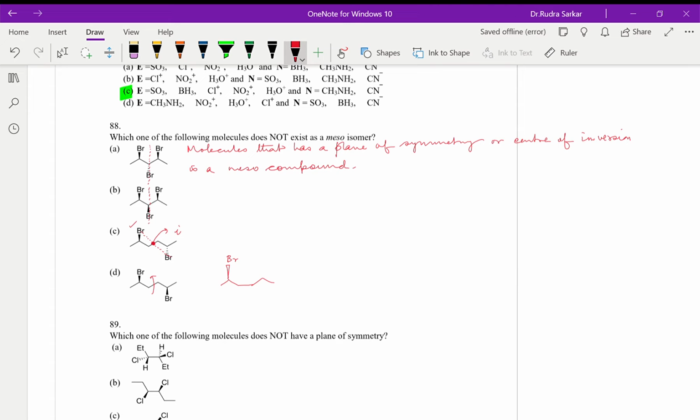Now if you rotate it, this bromine will go behind. And now if you think of a sigma plane, this molecule cannot be divided into two equal halves. So there is no plane of symmetry, and this is not the meso compound. We will say this is not the meso compound and our answer.